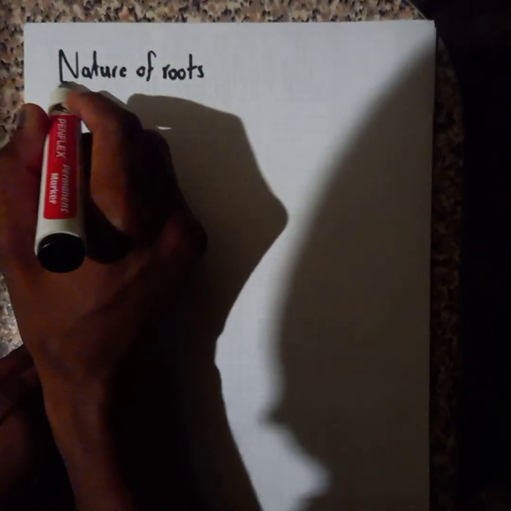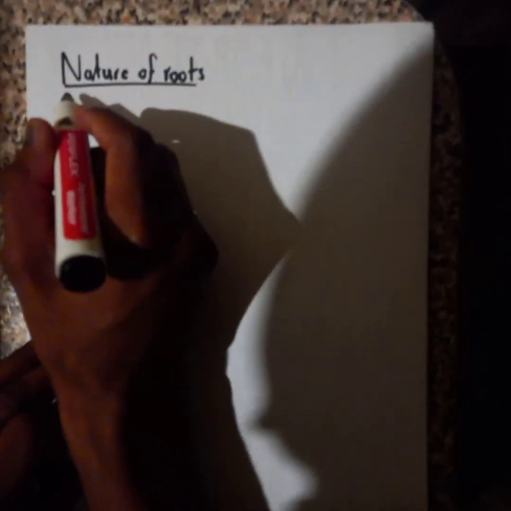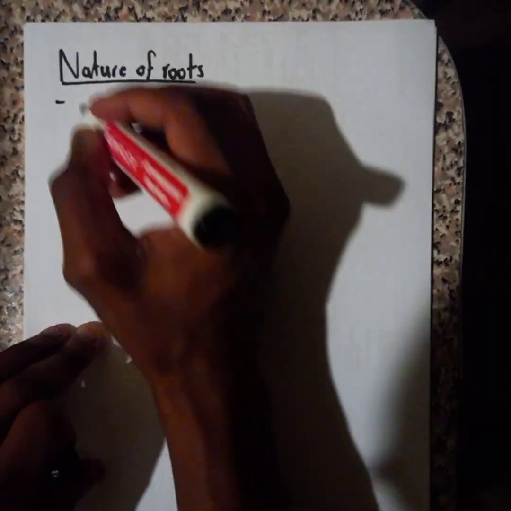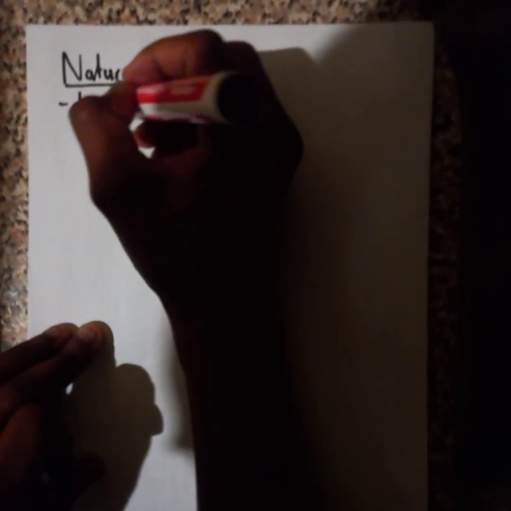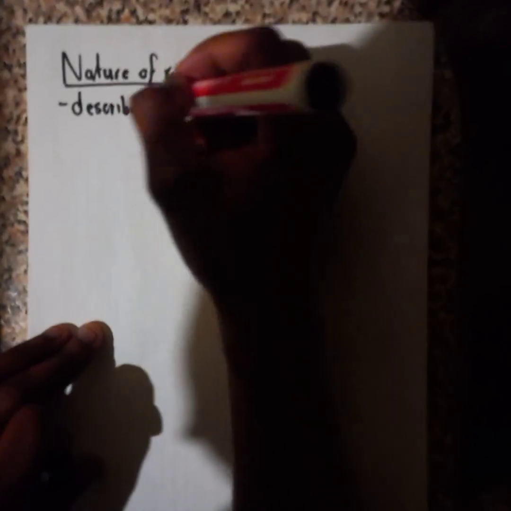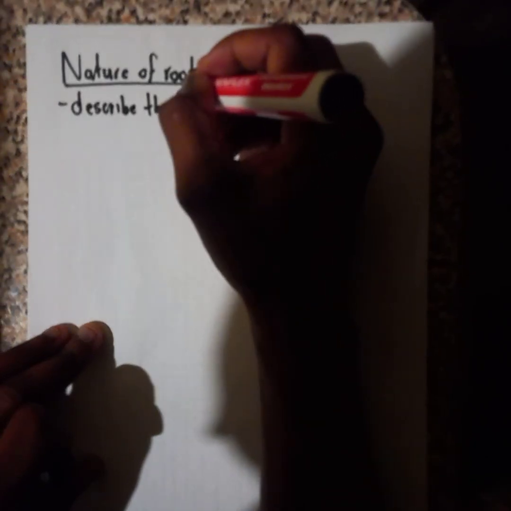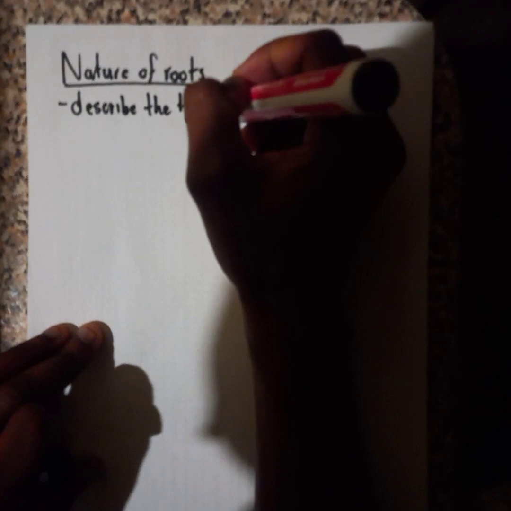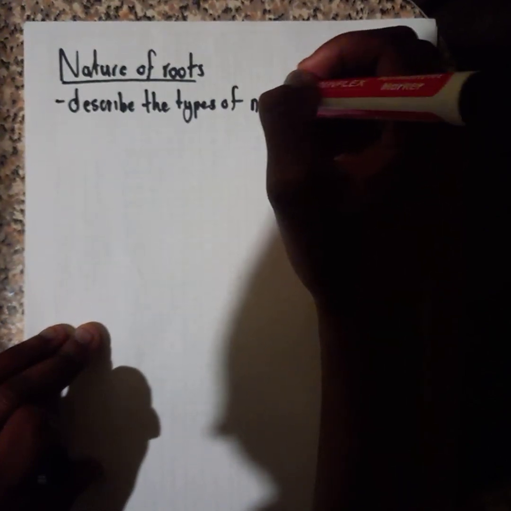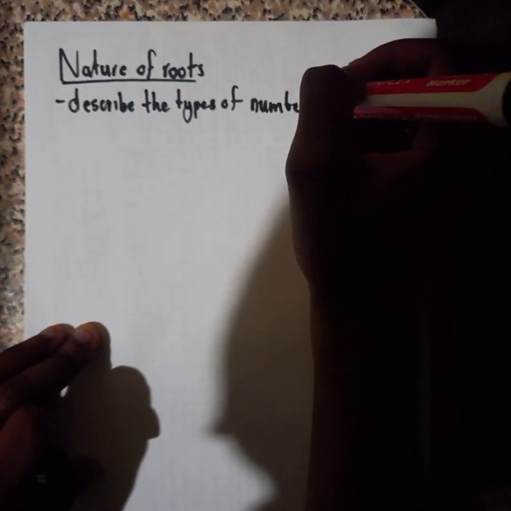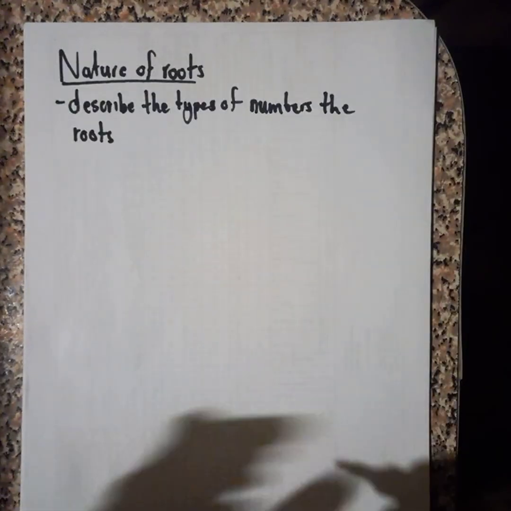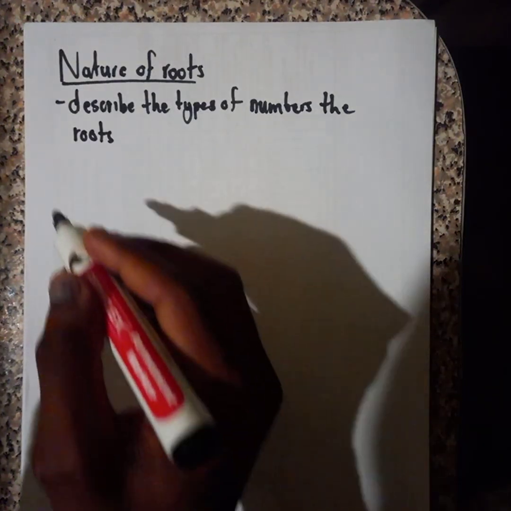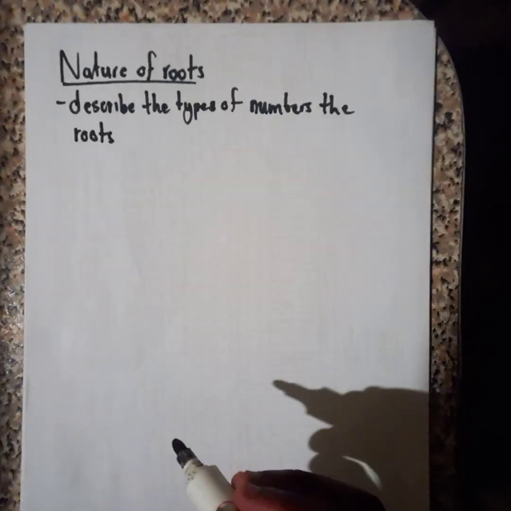By definition, the nature of roots simply states they describe the type of numbers the roots are. This is a simple definition of the nature of roots. They describe the types of numbers the roots are.